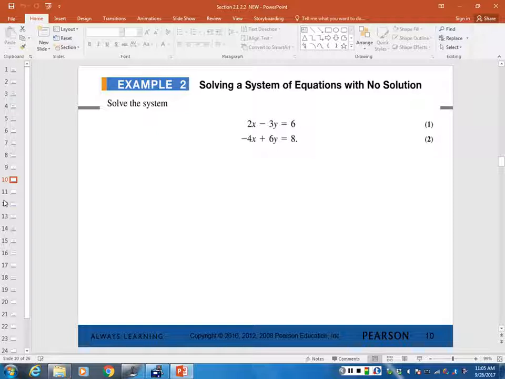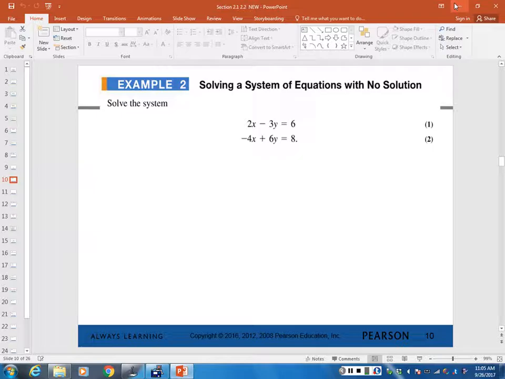We're going to take these two equations, and notice that if I multiplied the top equation by 2, what's going to happen?